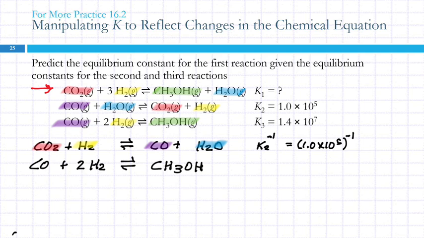So this is going to be equal to K3. We didn't do anything, did we? It just stayed the same. So this is 1.4 times 10 to the 7th. And again, let's highlight.